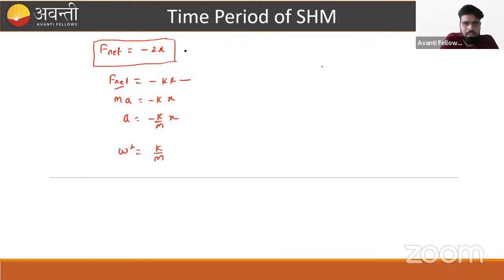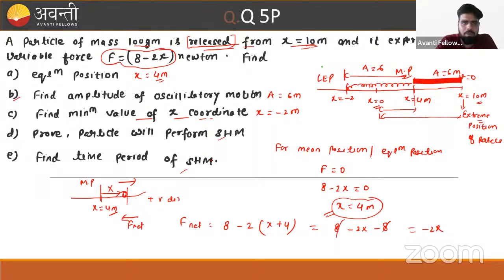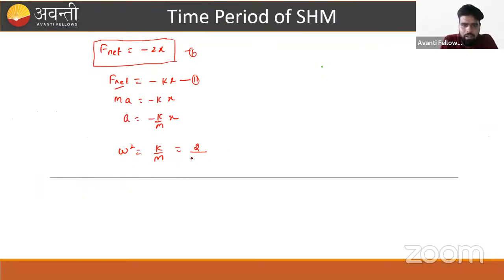So if we compare this equation with the standard equation, the value of k equals 2, and m is given as 100 gram in the question. 100 gram means 0.1 kg. So omega square will equal 20, so omega will become under root 20. Omega can be written as 2 pi upon capital T, that is under root 20. So the time period is 2 pi upon under root 20 seconds.